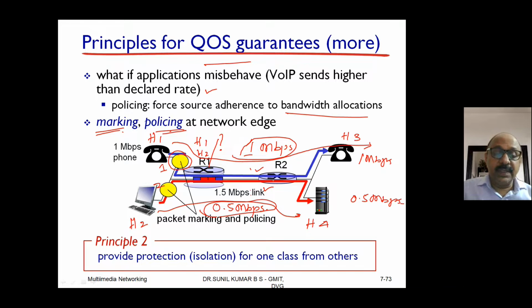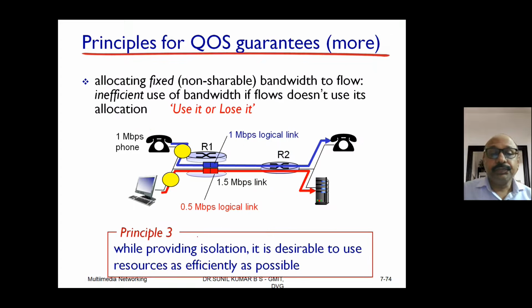This is what we call protection or isolation of the classes from one another. By isolating each class in the network logically, it will help you manage the bandwidth for each of these communications, so that the communication is more effective and the throughput of such communication will be better.